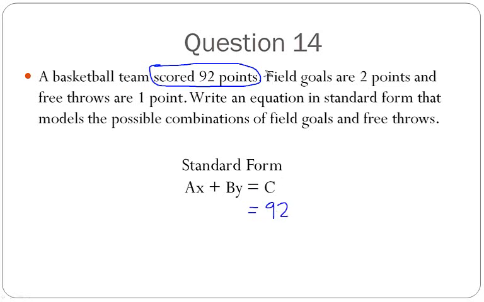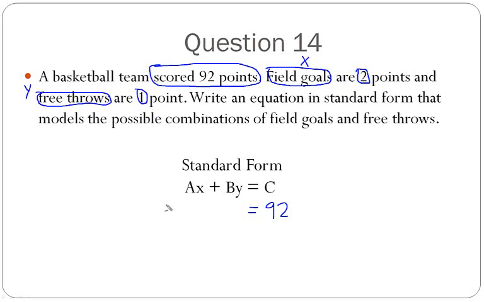Okay. Field goals are 2 points, which I guess are any shots that are not from the 3-point line. Field goals, so we'll say those are our X, 2 points for each of those. And free throws are 1 point. So each of these, however many of those we get, they're 1 point each. So now we can write our equation.